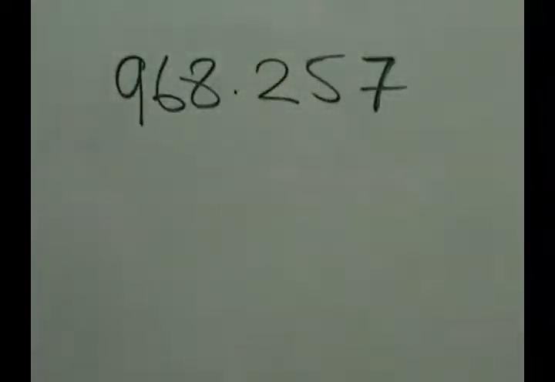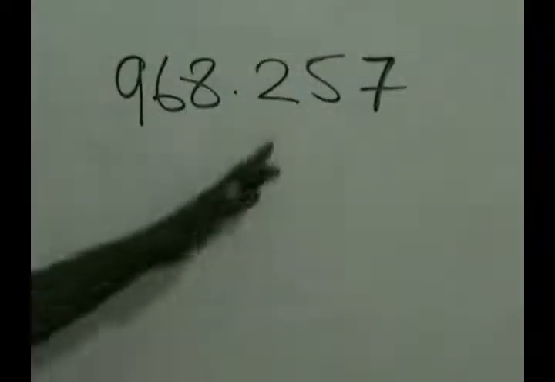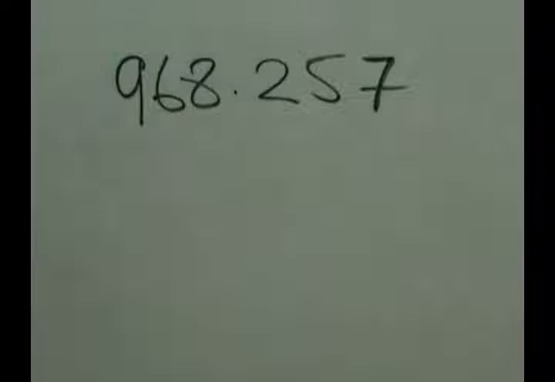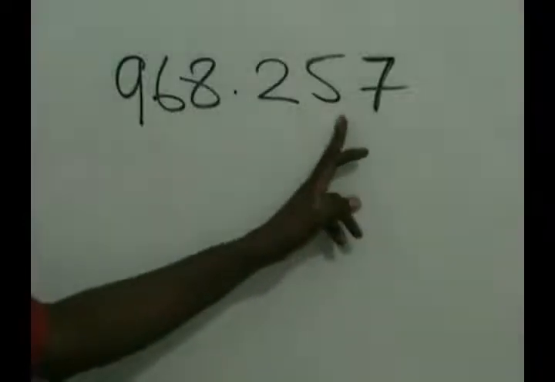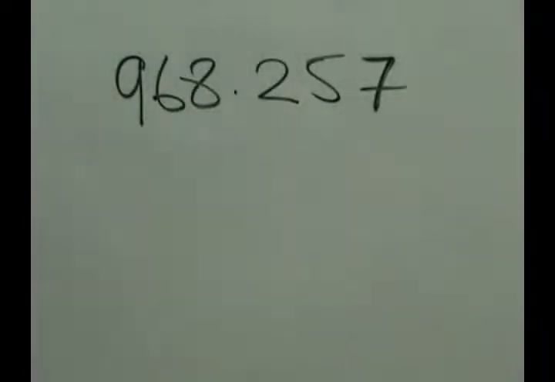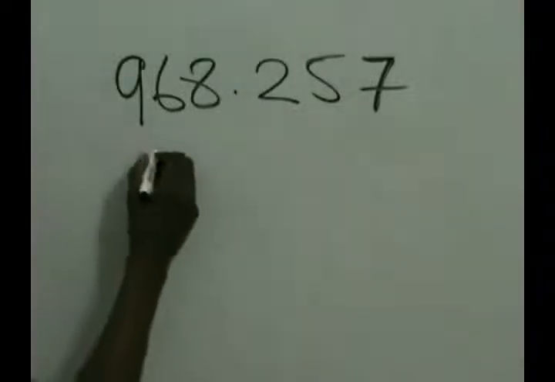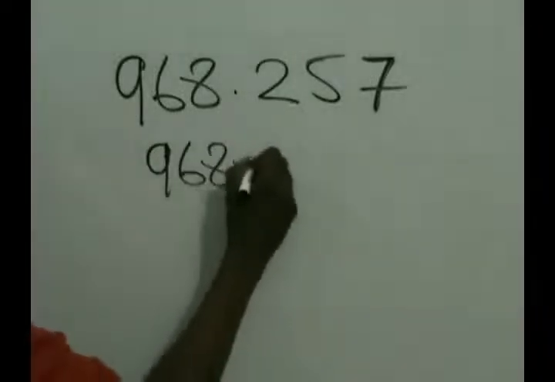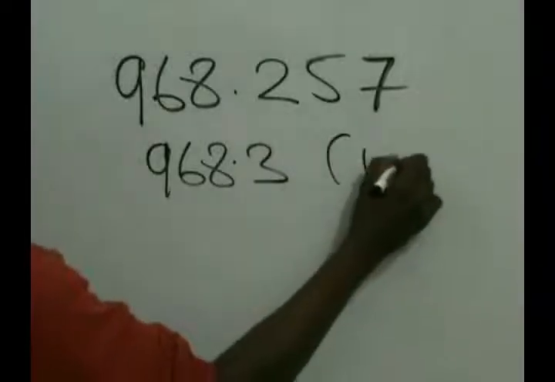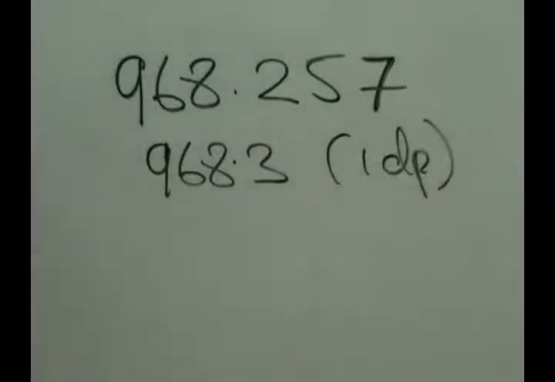What's the difference? Your first decimal place is your 2. Your 2 followed by a 5 would change to a 3. So 968.257 to one decimal place will end up being 968.3.